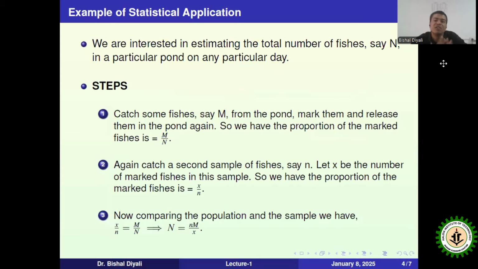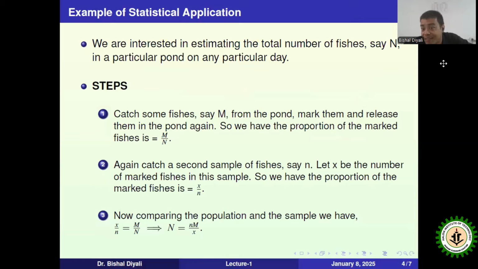It can be any pond or any day. Suppose that you want to calculate the total number of fishes in your nearby pond. You don't know the total number of fishes. You can do this in three steps with the help of statistics.